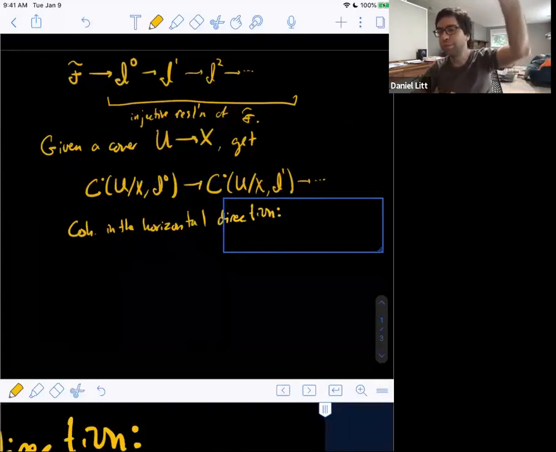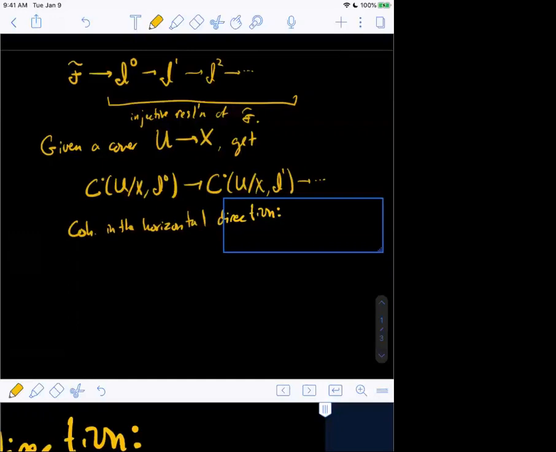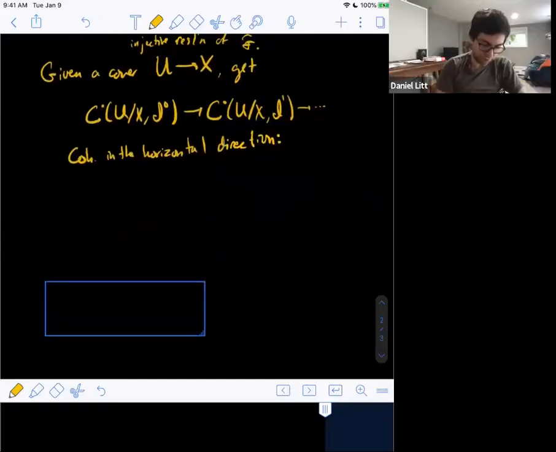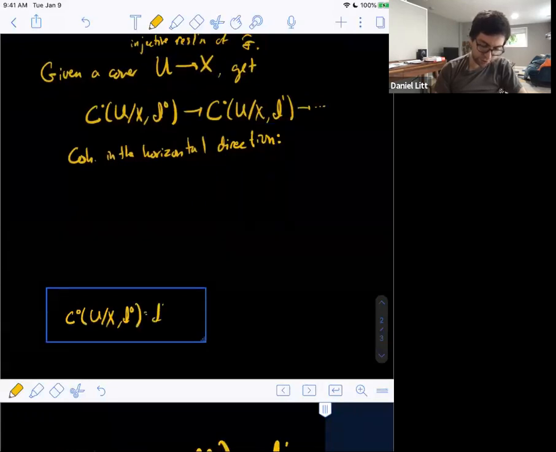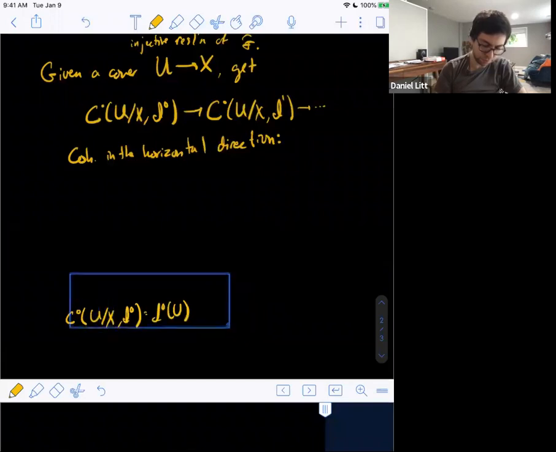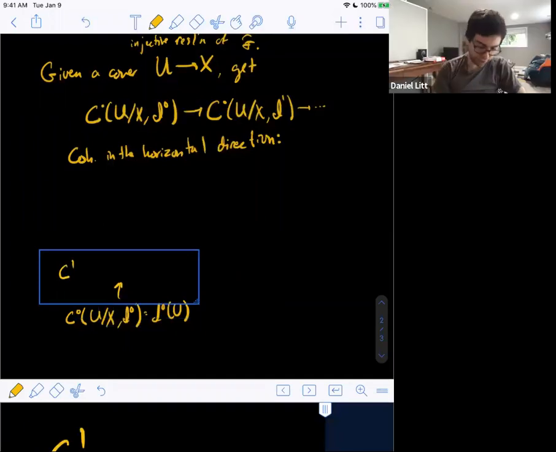What lives in place p, q if we take the cohomology going in this direction? Sorry, just to visualize, can you write out a few of the terms? Oh, sure. Yeah, let's draw it. First we get C0(U/X, I0). So that's just I0 of U, right? Is it going to be the Čech complex of the cohomologies? Yeah, that's exactly right. But let me write a little bit since Arvin requested it.